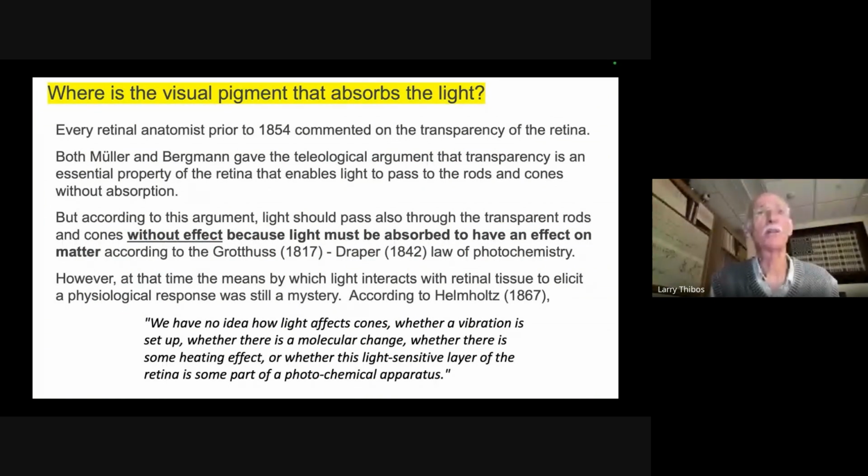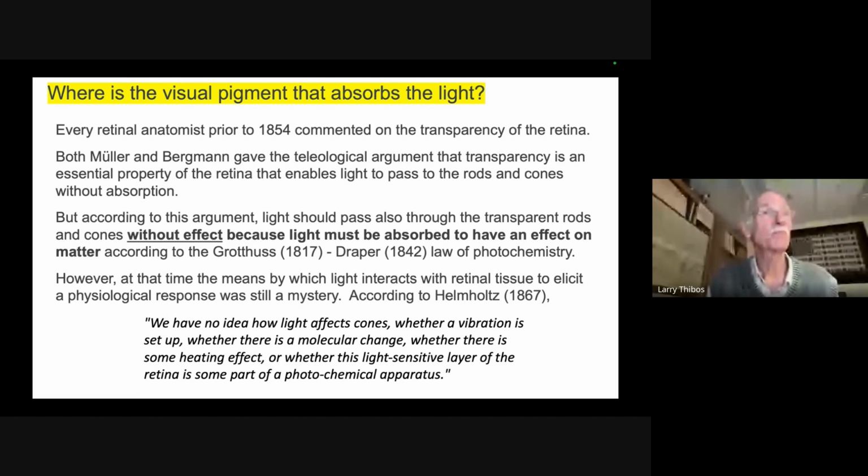You see, every retinal anatomist prior to 1854 commented on the amazing transparency of the retina. It's completely transparent, including the rods and cones. In fact, Müller and Bergmann both gave the teleological argument that transparency is an essential property of the retina because it enables light to pass through the thickness of the retina to the rods and the cones without being absorbed.